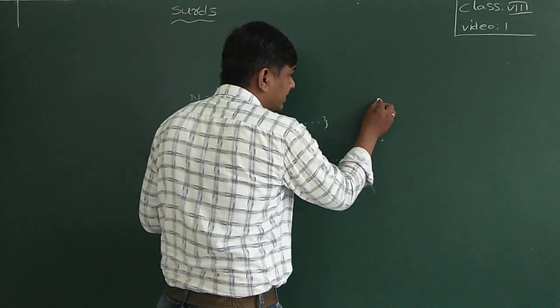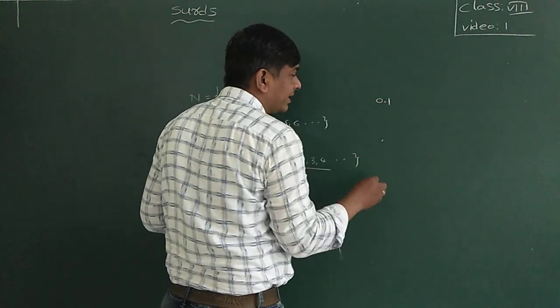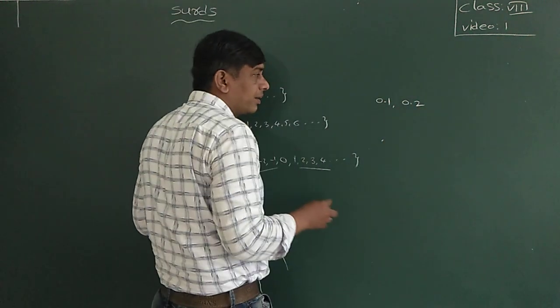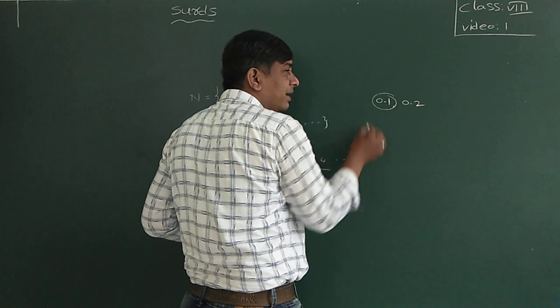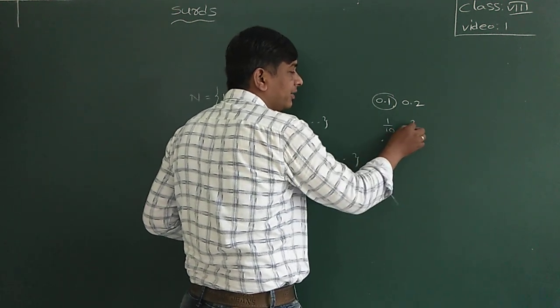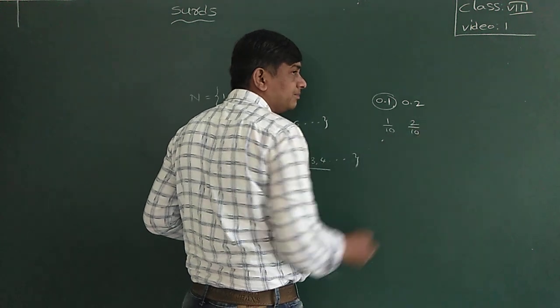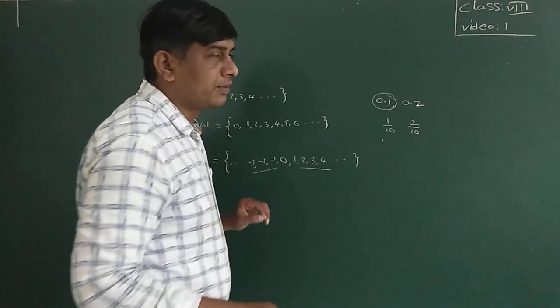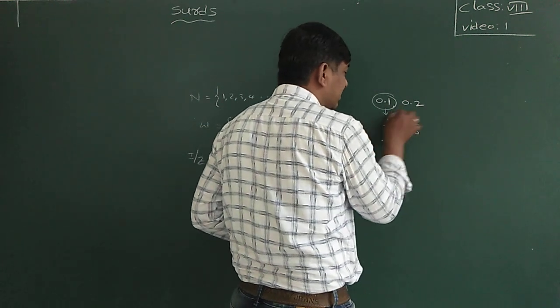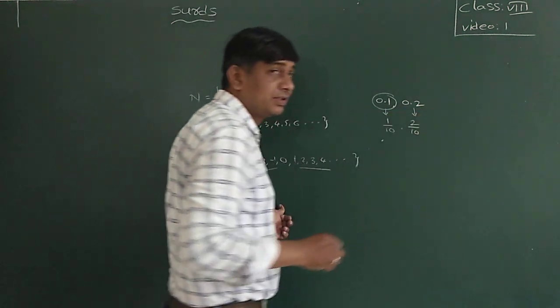Suppose after 0 I take 0.1, 0.2. If I write these decimal numbers in fraction form, 1 by 10, 2 by 10, like this you can write these decimal numbers in fraction form.